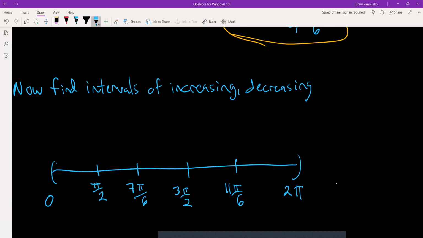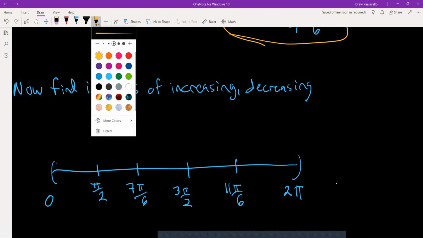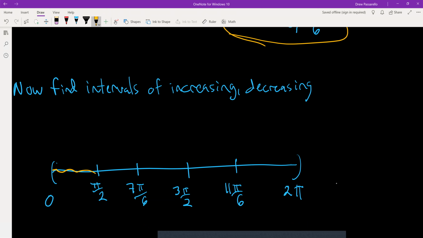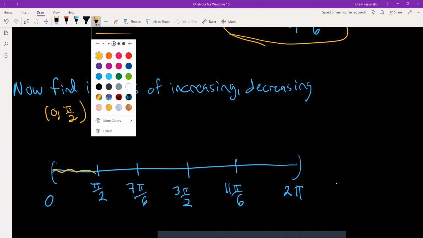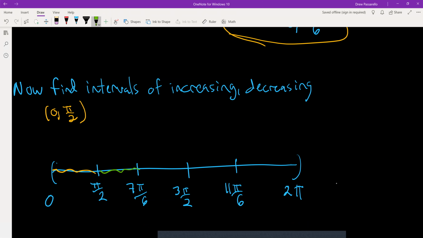So I have a good bit of intervals. So this one, that's 0 to pi over 2. And then I'll just do them all, actually I'll alternate colors. So I'll do green for this one. That's pi over 2 to 7 pi over 6.